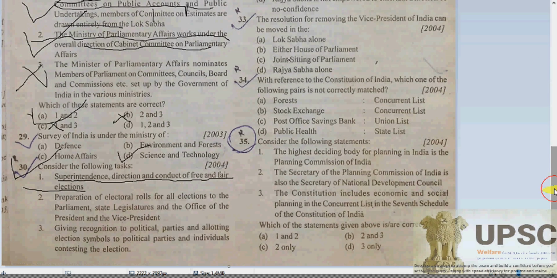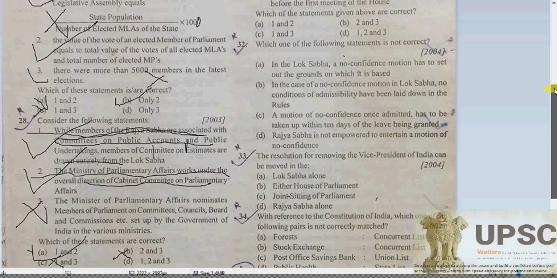So now C. As we know, the preparation of the electoral rolls for all elections to Parliament and the state legislatures and the offices of the President and the Vice President. So as we know, 2 is absolutely correct here.